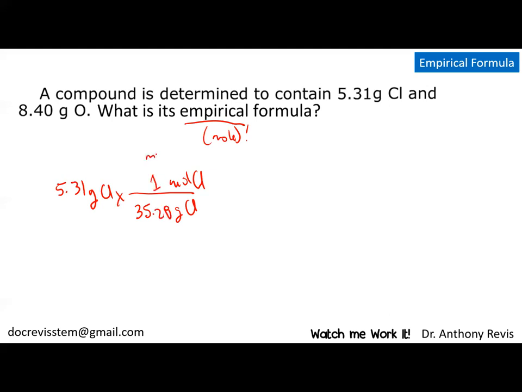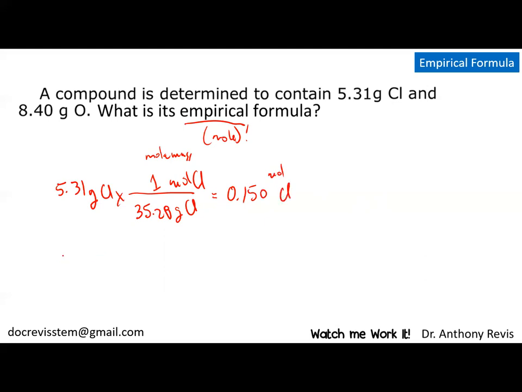This is basically a molar mass. And so that's going to be the molar mass there. We punch that number through on our trusty calculator. Don't forget to punch it the right way. You get the moles of chlorine for that.